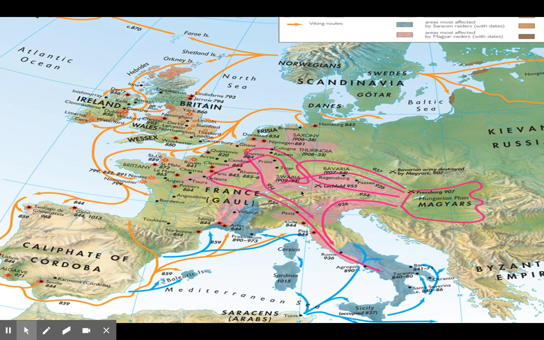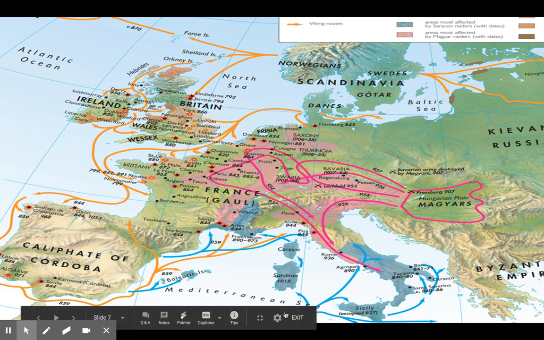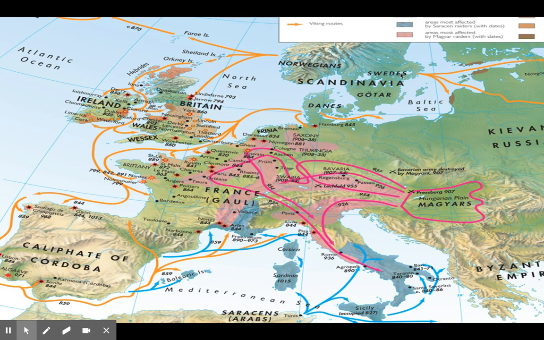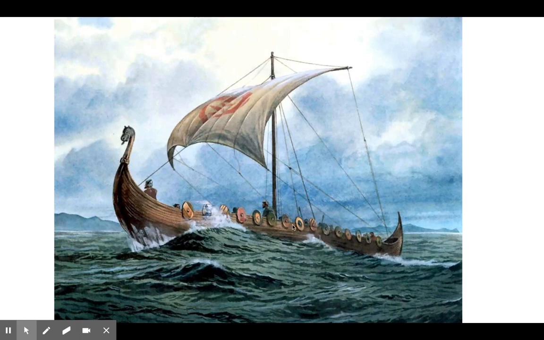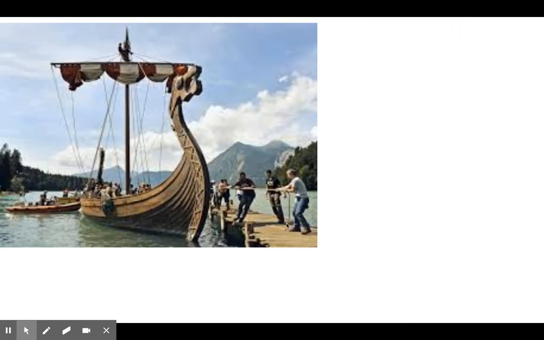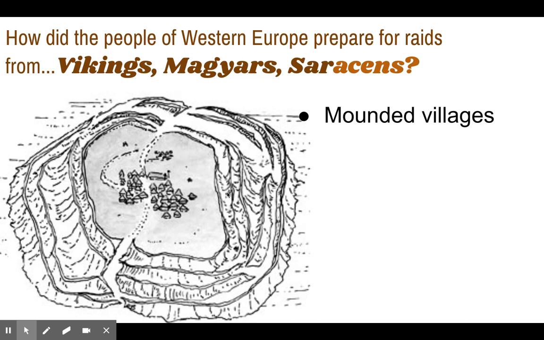And here is a map of the various groups that were trying to invade Western Europe. So you have the Magyars here, the Saracens here, and then the Vikings here from the north. And the Vikings had their notorious longboats so that they can go up rivers and into the ocean. And they could have a sneak attack if you weren't ready.